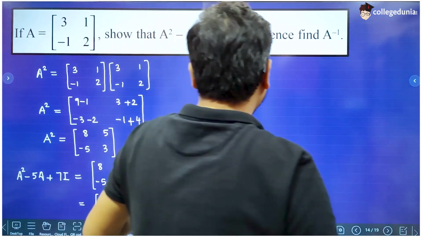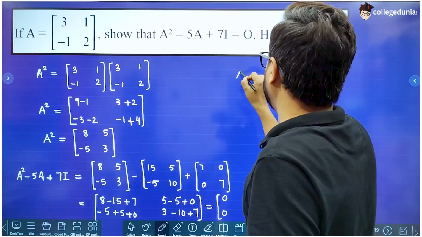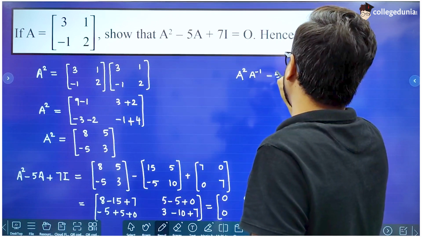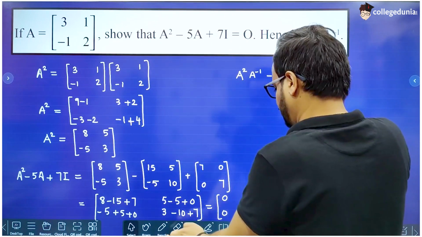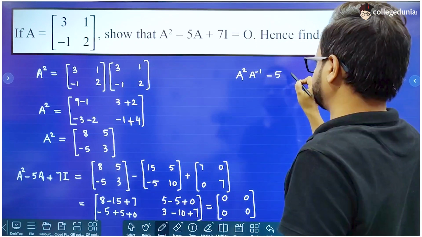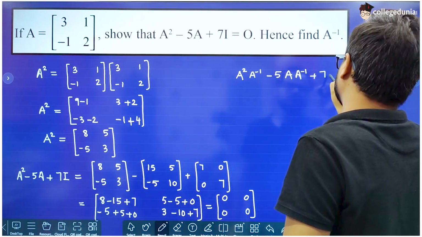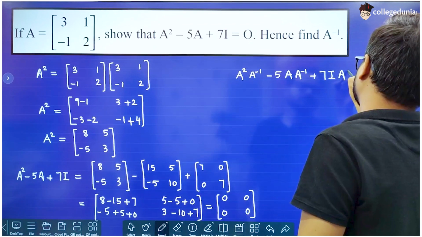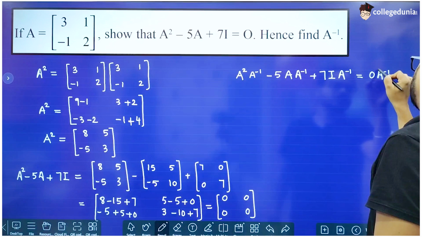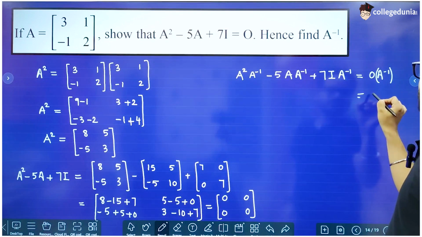Hence find A inverse. Now we have to find A inverse using this equation only. So let's multiply each and every term by A inverse on both the sides. On this side we have a null matrix, and if we multiply that with A inverse, it all becomes a null matrix.